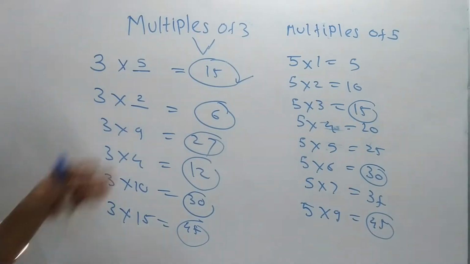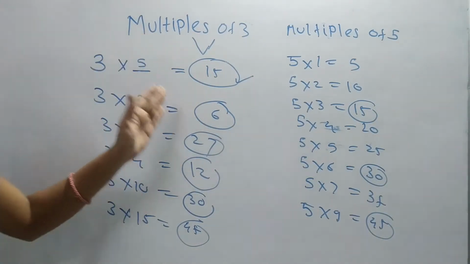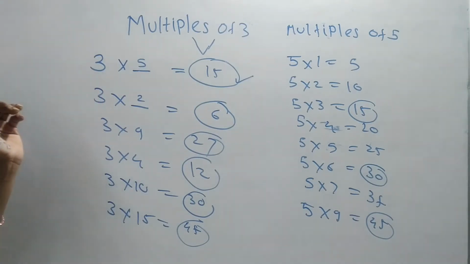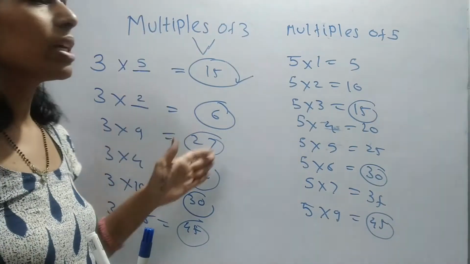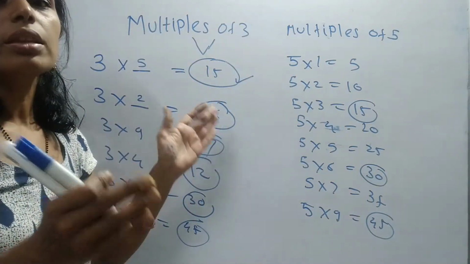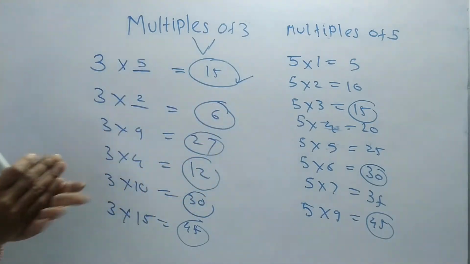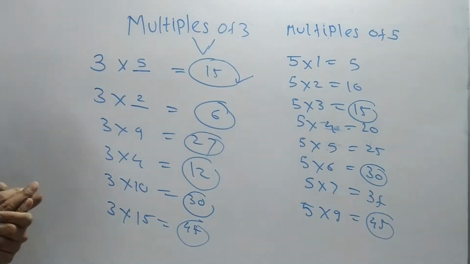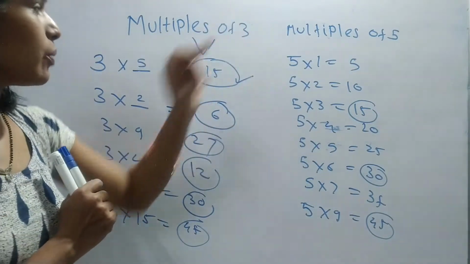Do you understand what multiples are? Multiples means a number or a product obtained by multiplying the given number by any number. And common multiples means if you have the multiples of two different numbers, then the multiples which occur in both are called the common multiples of those two numbers. This 15 is divisible by both 3 and 5.